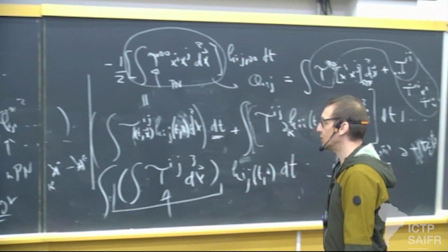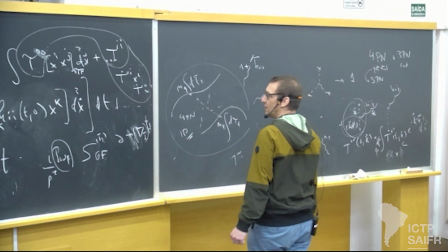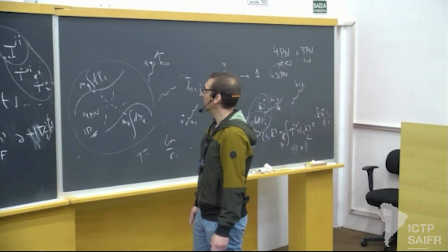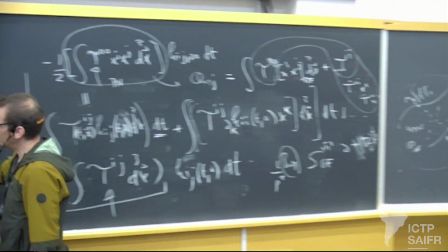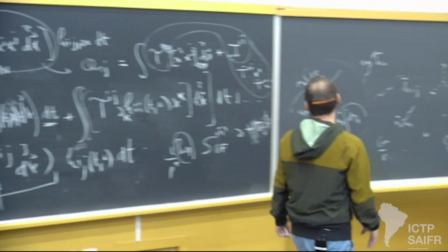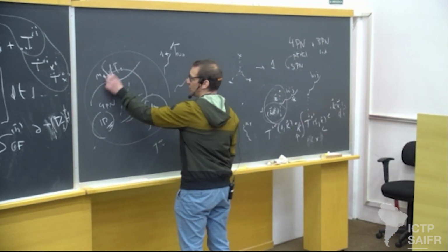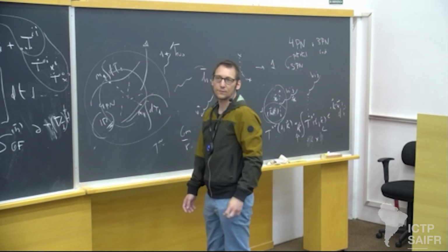So there's a beautiful story about logarithms. I don't have time to explain, but they will reappear, hopefully, if we have time in the PM version. And they have to do with the way we split things. Because we are saying that the radiations and the potentials are separate, the fact that there is an infrared divergence in a potential means that this potential didn't want to stay here. It wanted to go out.